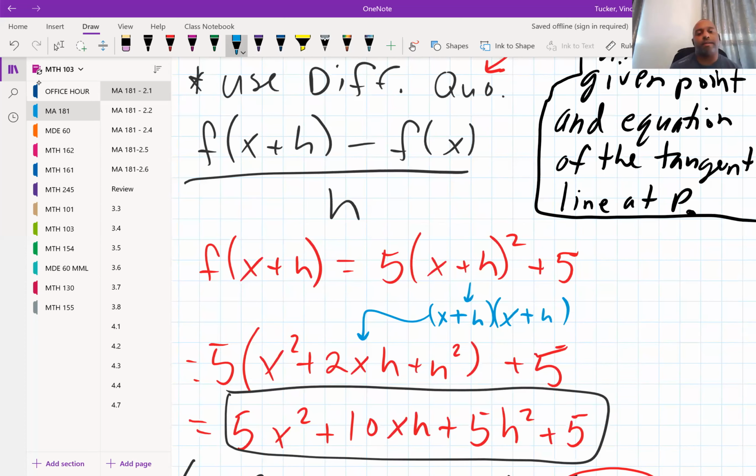And then distribute that 5, that'll be 5x squared plus 10xh plus 5h squared. And then plus 5 is still back here. All right, any questions before we keep going?